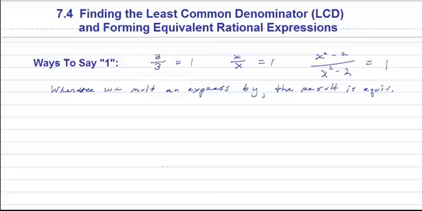And it may look different, but the value is the same. So, for example, if I take 1/2 and I multiply both the numerator and the denominator by 5, so I'm really multiplying 1/2 by 1, the result is 5/10. And of course, 5/10 is the same as 1/2 value-wise.